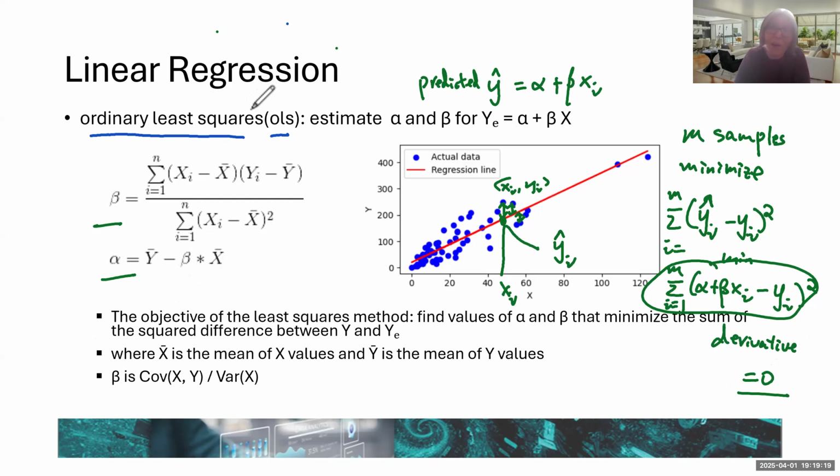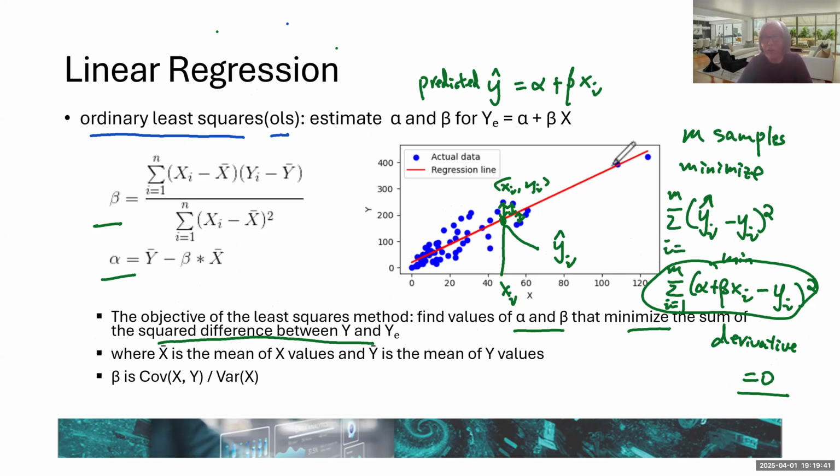So that's the way we find the alpha and beta expressions. This concept is called ordinary least squares. The objective of least squares is to find the values of alpha and beta that minimize the sum of the squared differences between y and y hat. It's just what I explained.